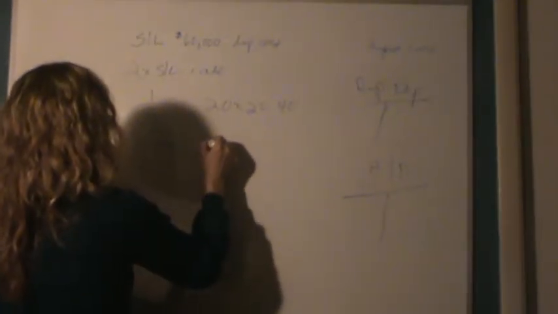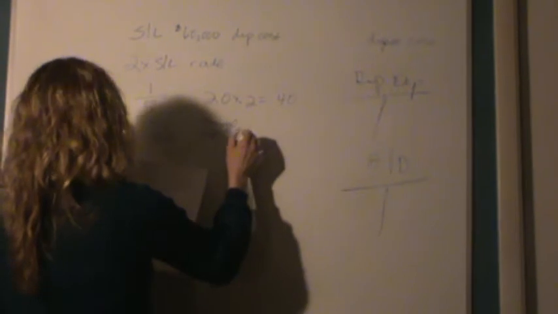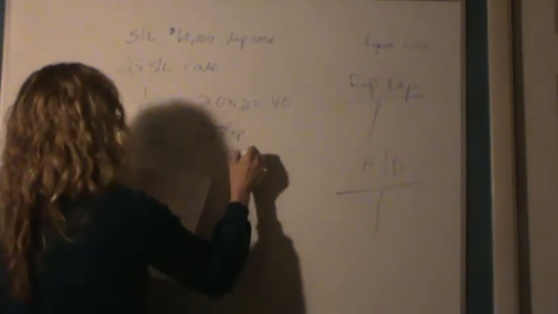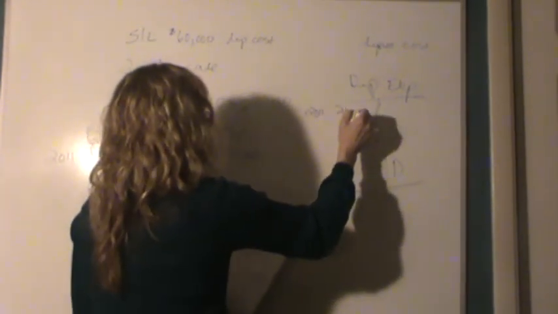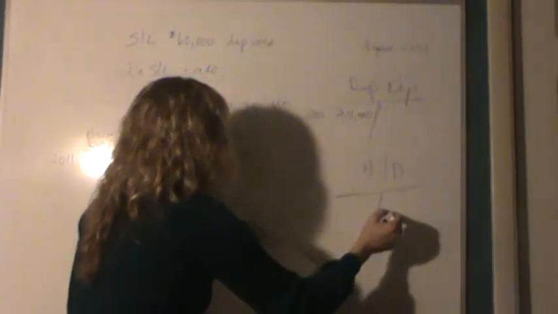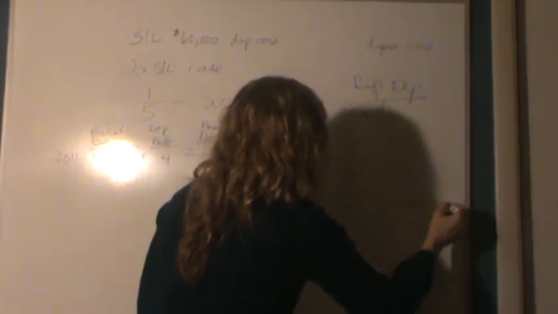So let's say depreciation in the year 2011, 60,000 times 40% is 24,000. So we're going to go ahead, debit depreciation expense for the 24,000, and then we're going to accumulate it, right, in accumulated depreciation. We're going to go ahead and start accumulating our depreciation with a credit of 24,000.